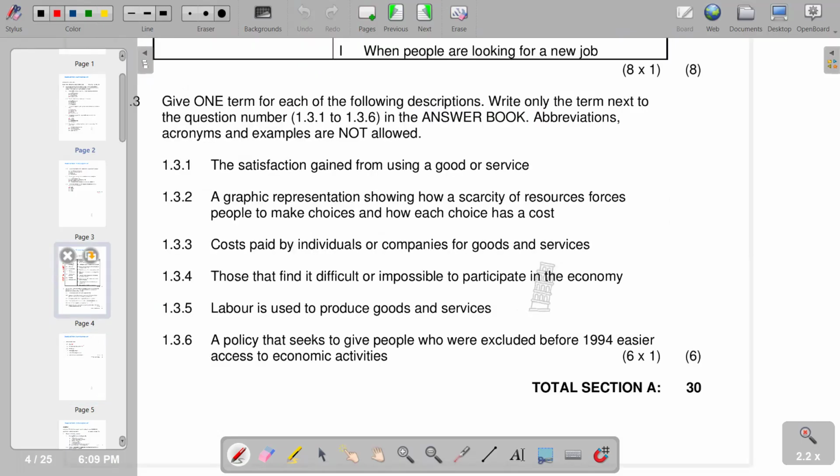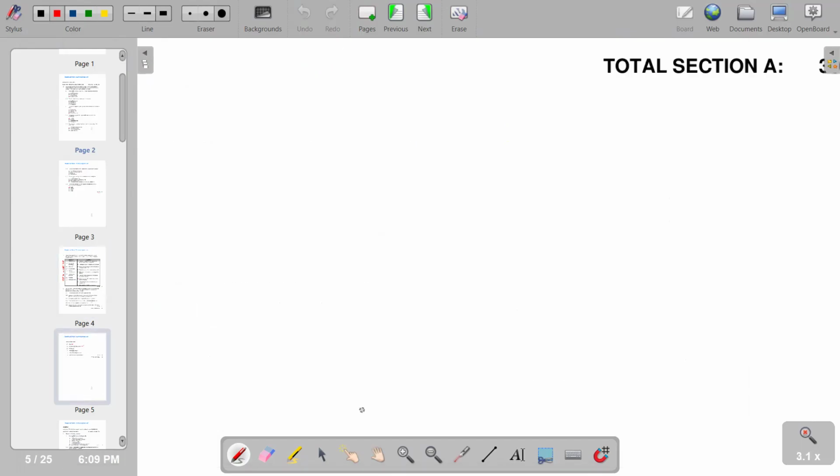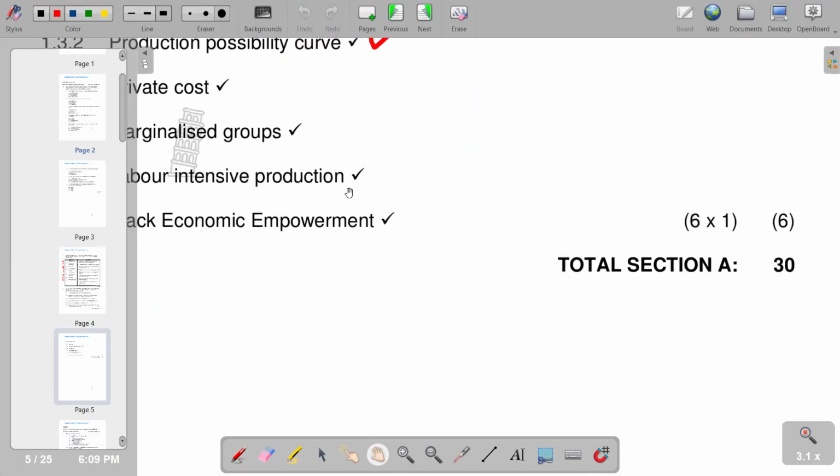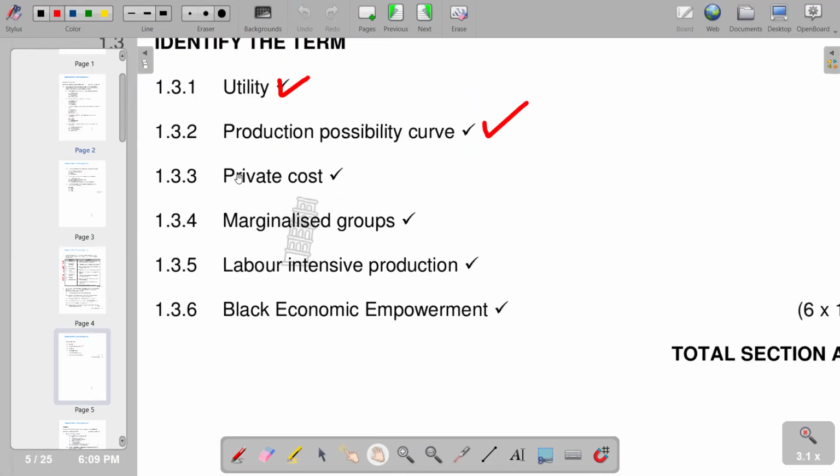We'll move on to the next part whereby they say cost paid by individuals or companies for goods and services. So this is a private cost. So we have that as our response, private costs.